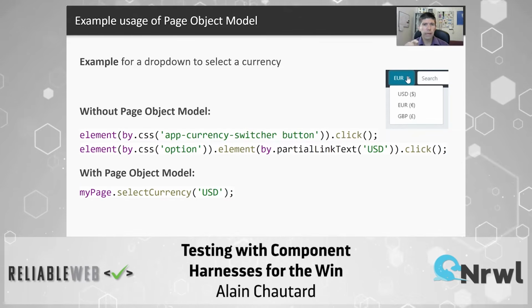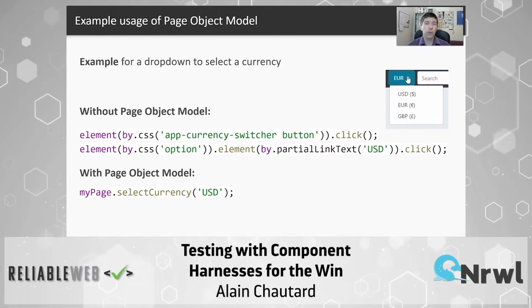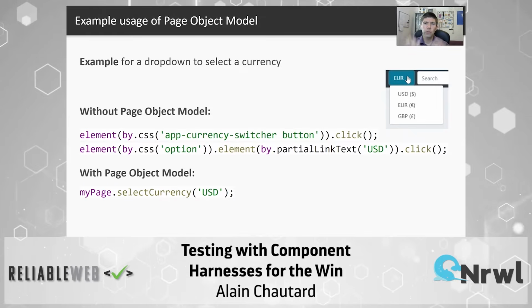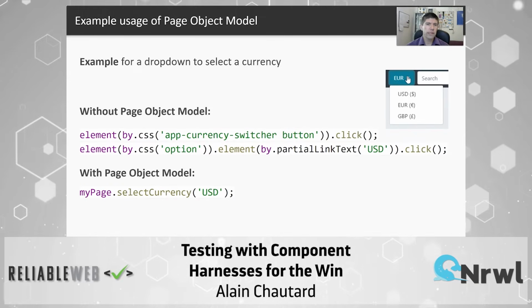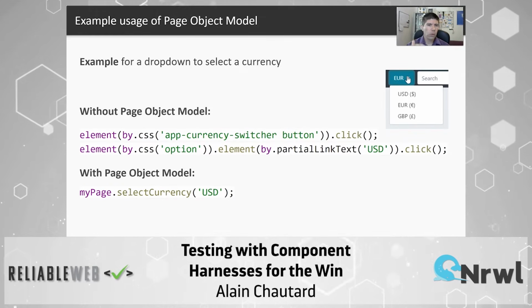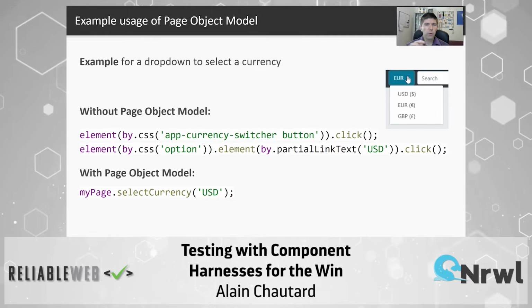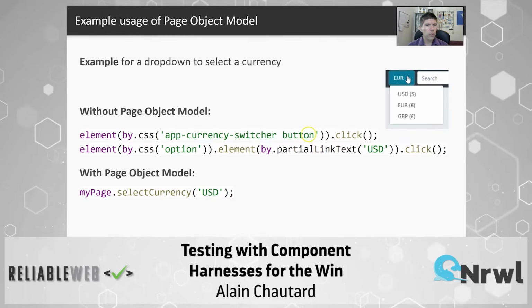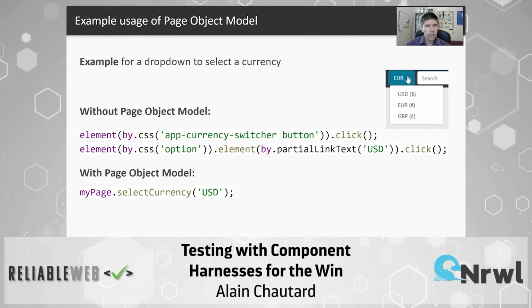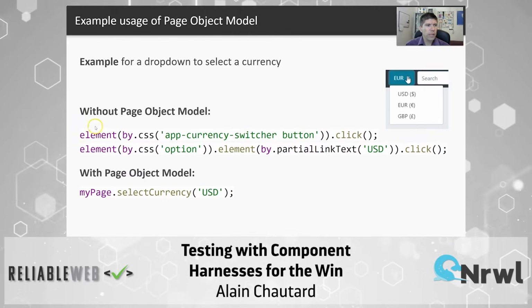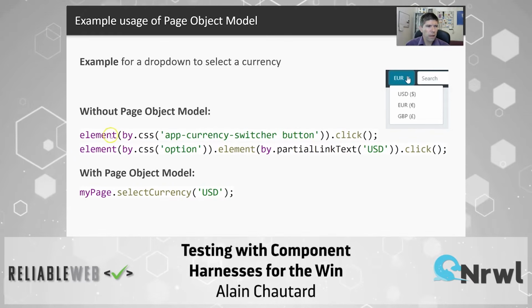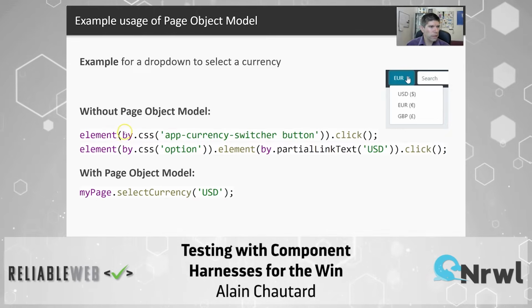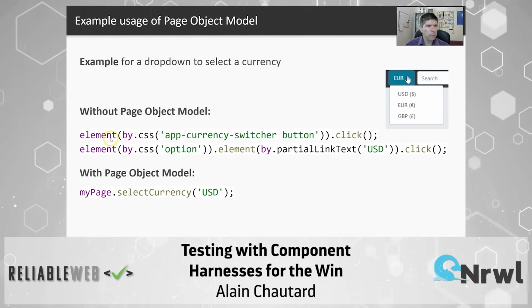So here we have a drop-down to select a currency. When you click on it, it's going to open menu items, options, which are different currencies, and we want to select one of those. So with end-to-end testing frameworks, you would usually have something that looks like this. The syntax here is based on Webdriver, Selenium.